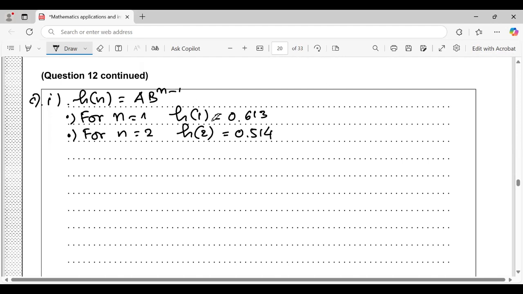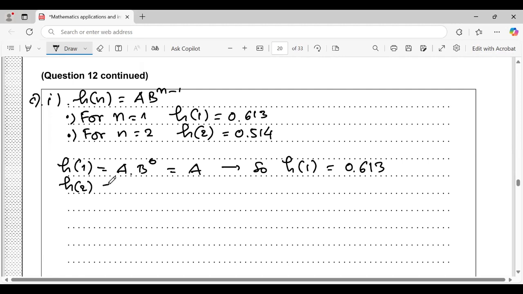Substitute into the formula. So h1 equals a times b to the power 0, so it is a. So h1 equals a equals 0.613.